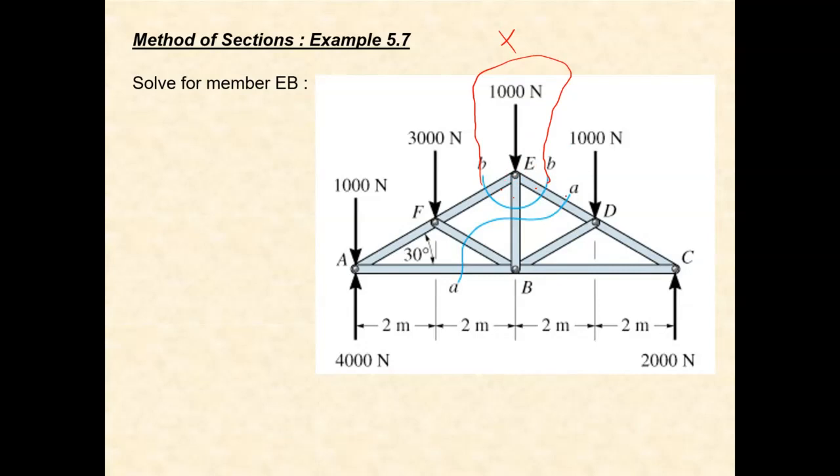All right, what if I make a method of section at AA? AA means either left-hand side or right-hand side, but in either case, there will be 1, 2, 3, 4 unknowns. So is this solvable?